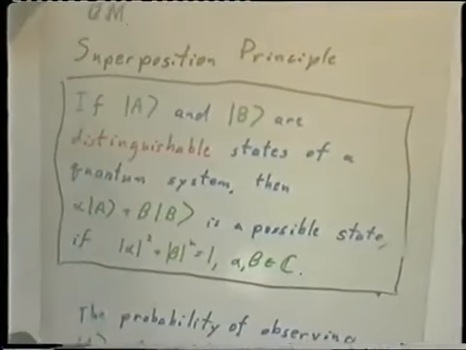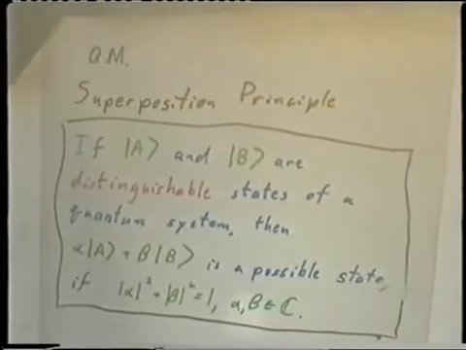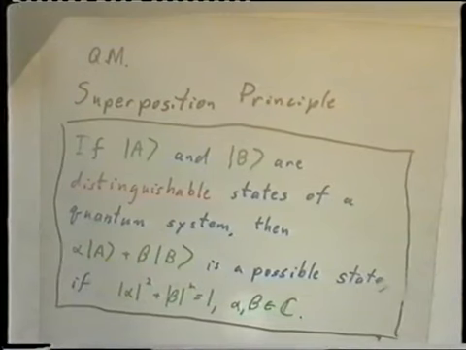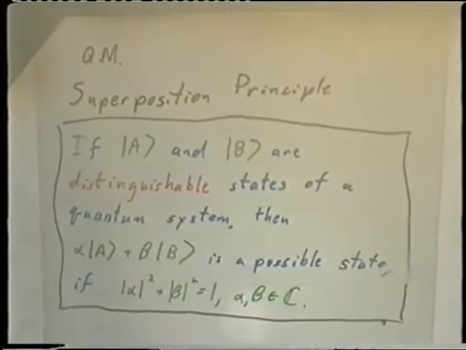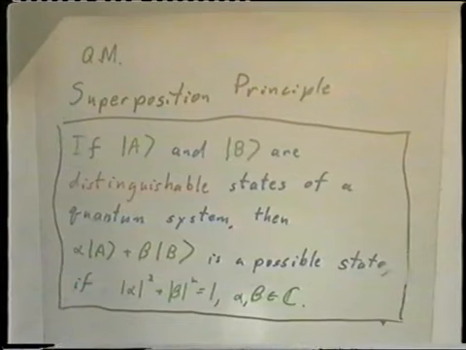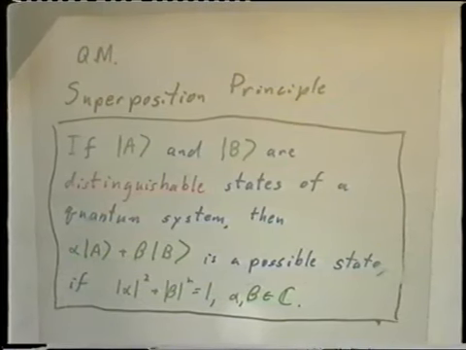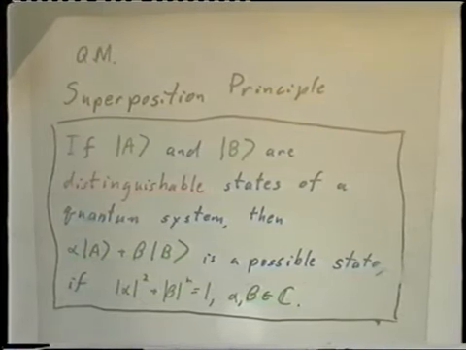So one of the fundamental principles of quantum mechanics is the superposition principle, which says if you have two distinguishable states of a quantum system, then alpha A plus beta B is another possible state of the quantum system.